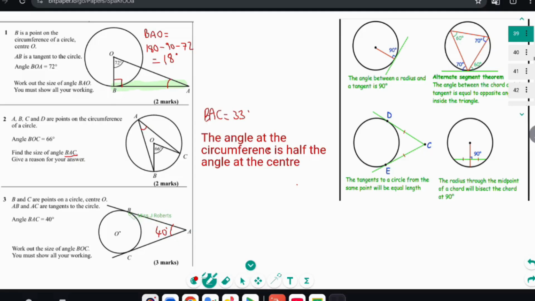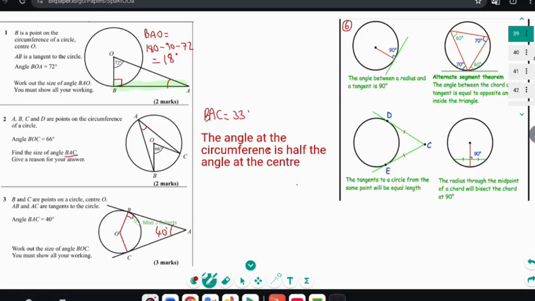So let's join B to O to C. And let's just see, for the tangent theorem 6, we do have a right angle, but I'm just going to join these together as well. No, in fact, let's just use circle theorem 6.